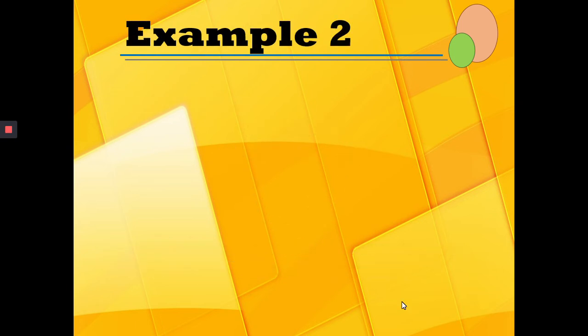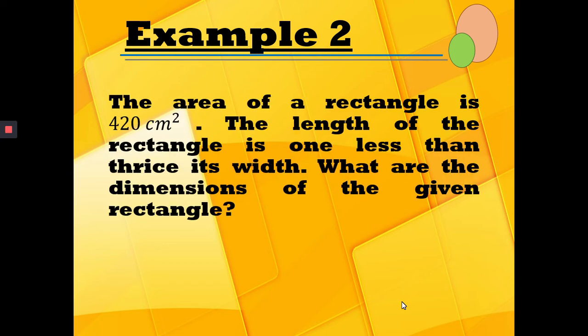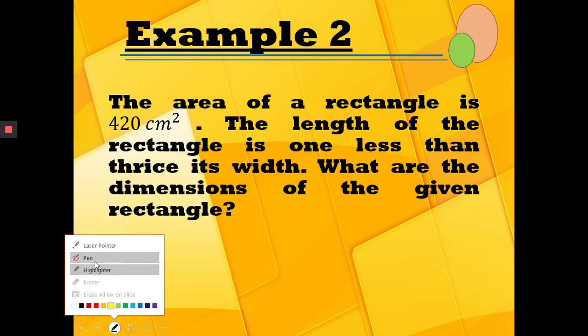So example number 2. The area of a rectangle is 420 centimeters squared. Okay? The length of the rectangle is 1... Oh, I am going to put a mark. Para ito yung mga titignan natin. Okay?